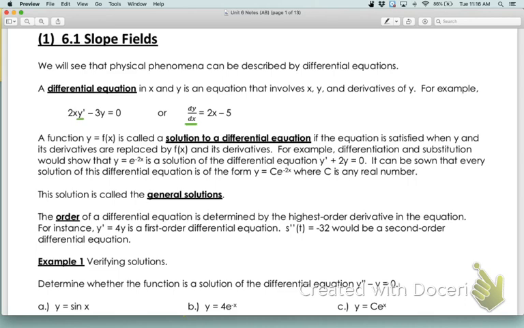As an example, we could show by taking derivatives and using some substitution that y equals e to the negative 2x is a solution of the differential equation y prime plus 2y equals 0. Let's think about how we would know that. We can test to see whether it is a solution or not. I know what y is, but I also need to know what y prime is.